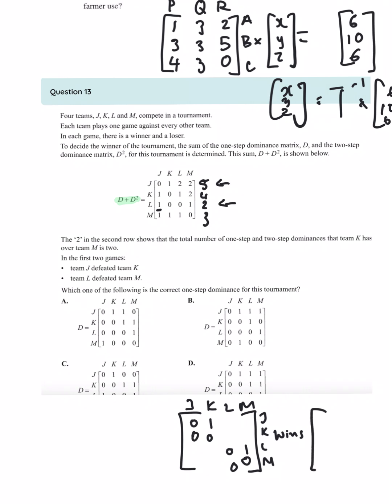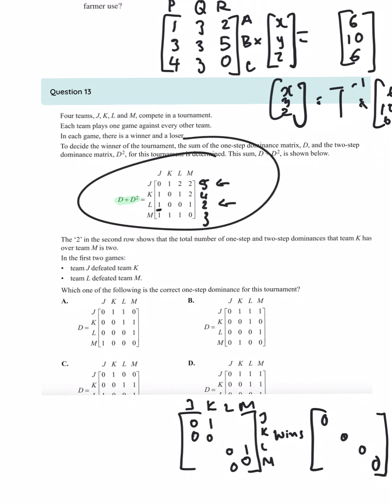So what I might do is, this is very trial and error, but I'm going to make the 2-step dominance matrix. So we know that down the diagonal is all zeros because the diagonal of the total dominance is all zeros. Okay, and then what I'm going to do is I'm sort of just going to work backwards from this 2-step dominance one to start filling in as much of this as I can.